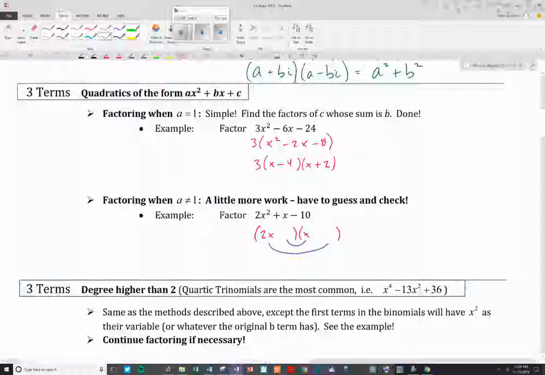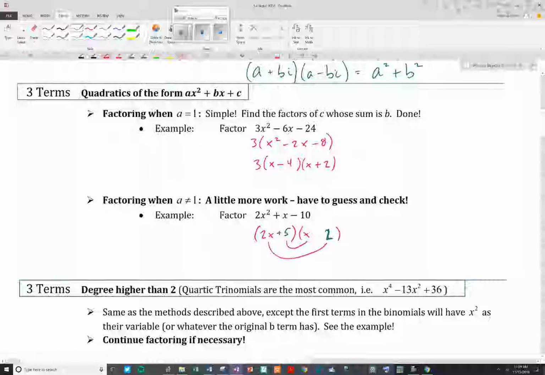I'm going to put the 5 here and the 1 and the 2 there. Try that out. Look, I have 4x here as my product, and I have 5x there. If I make the 5 positive, this will add up to that 1 that we have in the middle there.